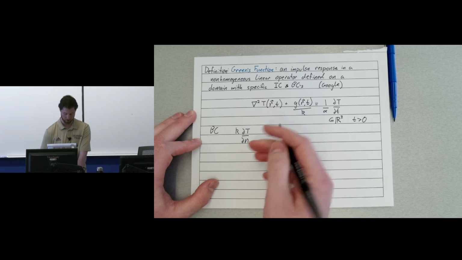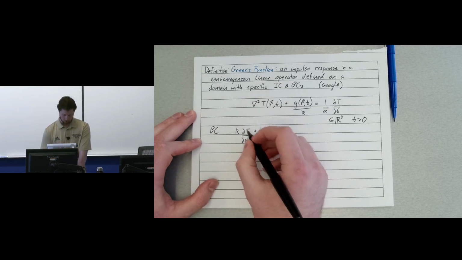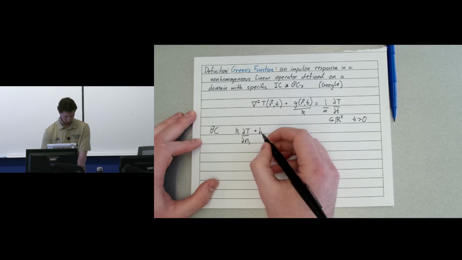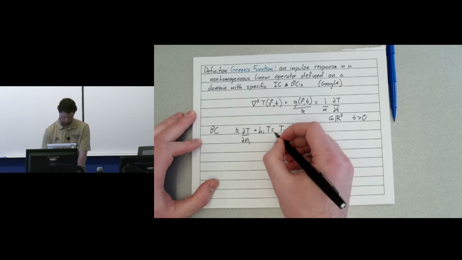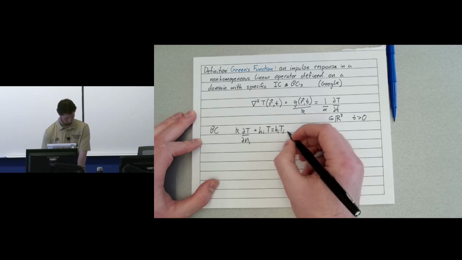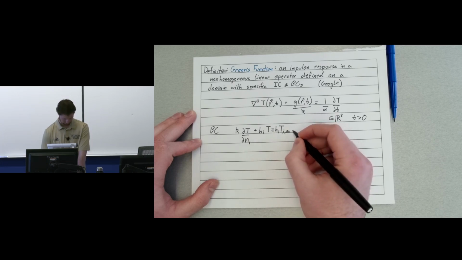So we'll have Fourier's law for our conduction plus some sort of potential convection term. Oh, I'm writing this wrong already. Some sort of convection term.